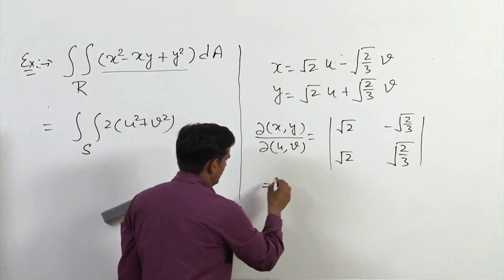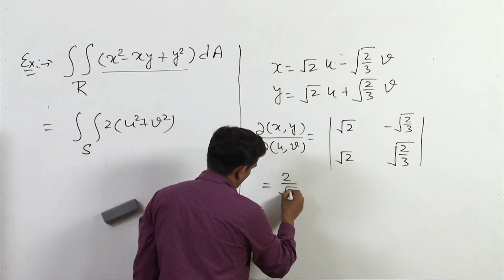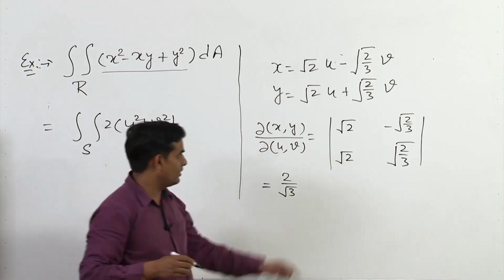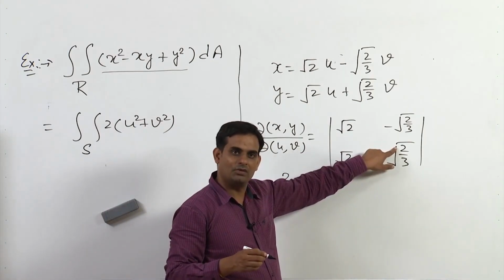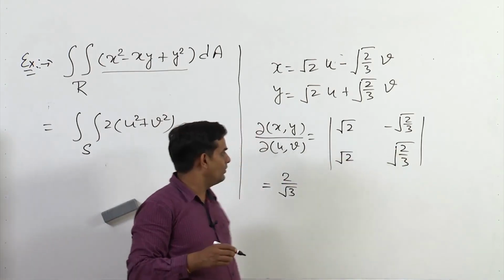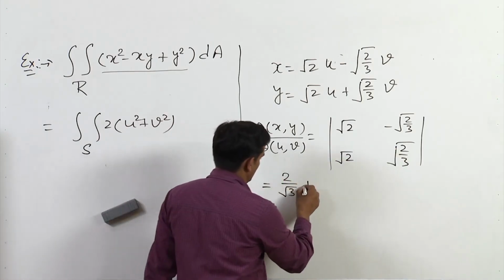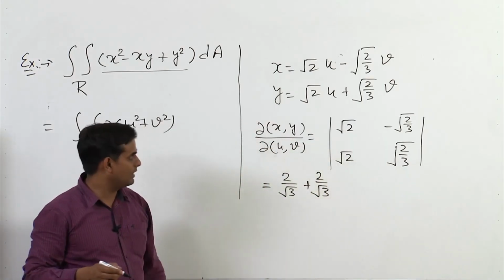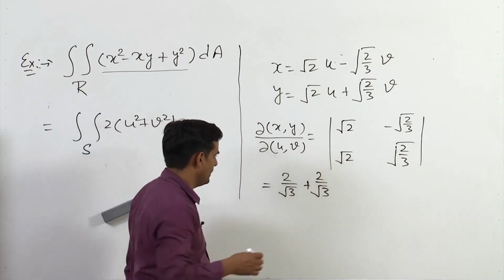So, this will become 2 by root 3, because root 2 into root 2 will become 2 upon root 3, plus 2 by root 3, minus minus will become plus.